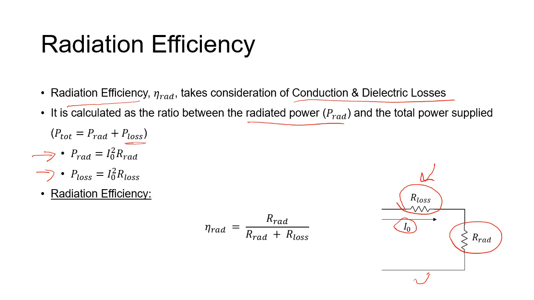And we can then simplify to this well-known equation: eta radiation is just equal to R radiation divided by the summation of R radiation and R loss. Where does this come from? We just substituted, because eta radiation is P radiation over P total, and substituting these two equations, you will get the final equation here.